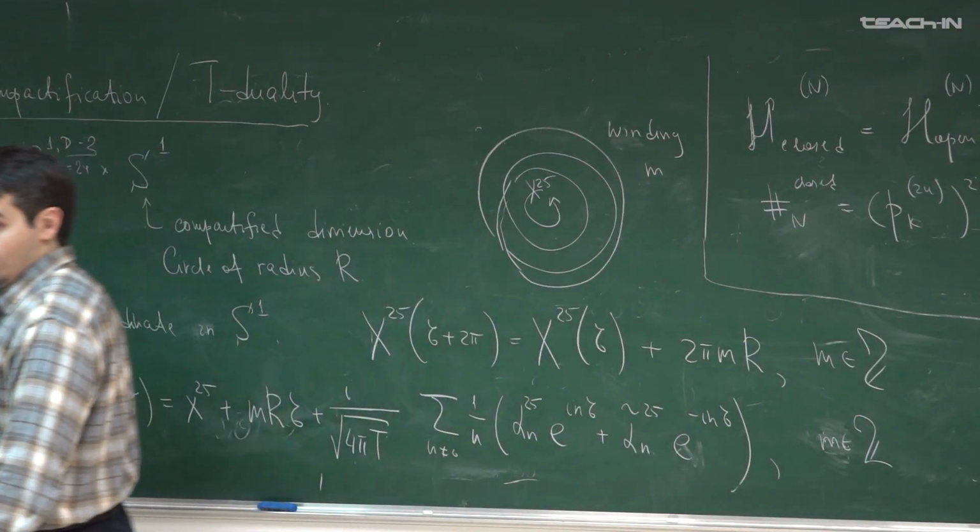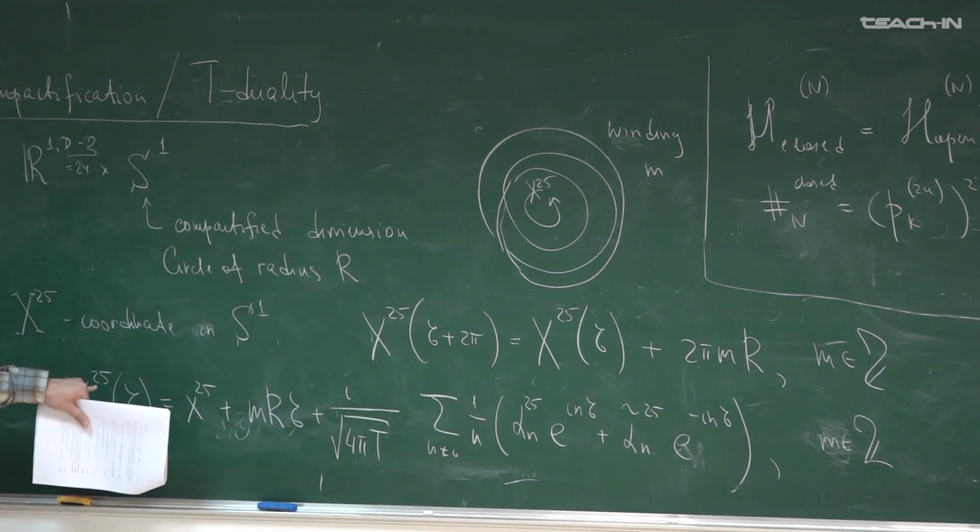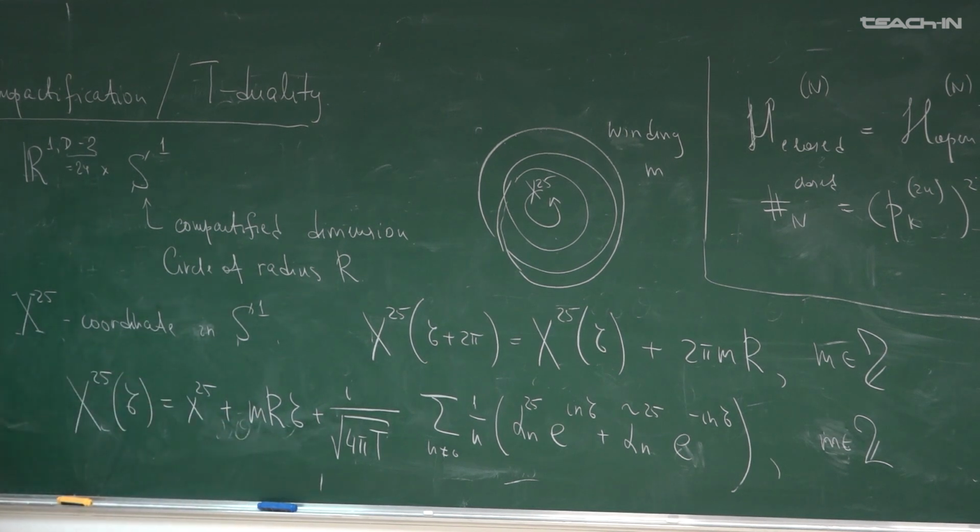So as opposed to what we had before, there is now a linear term in sigma, which says that x25 is periodic modulo 2 pi r.